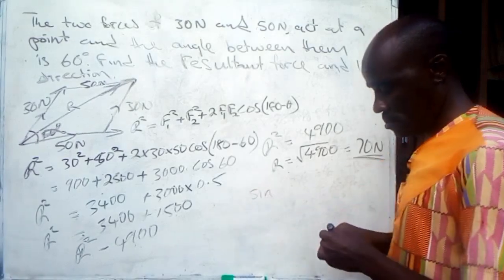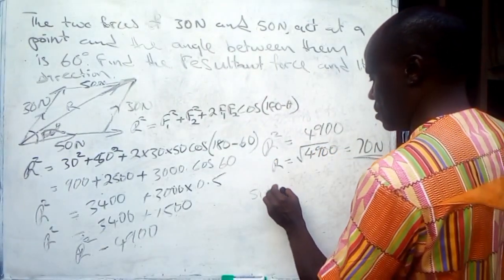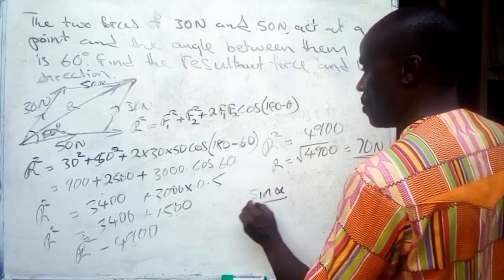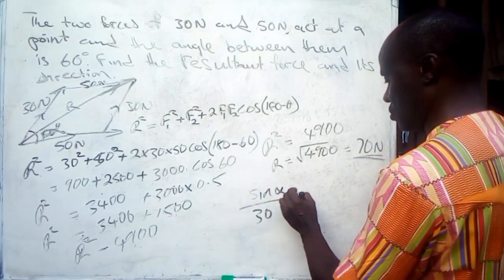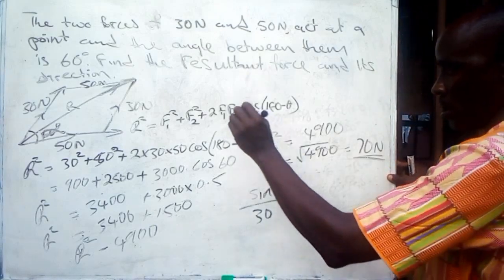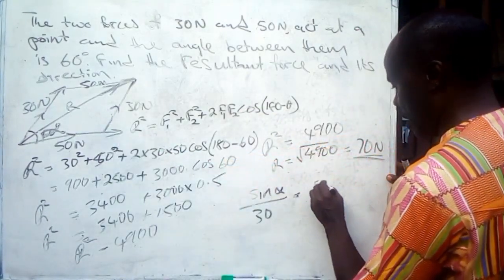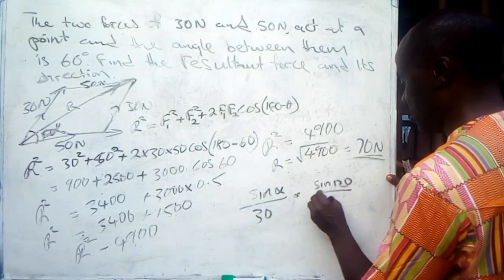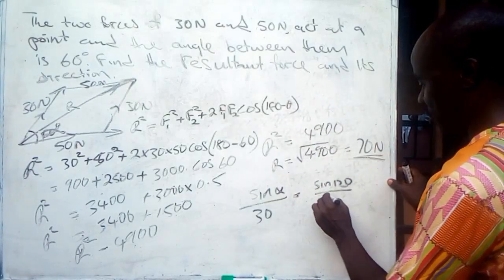sine alpha over 30 Newton equal to this other place which is sine 120 all over R, which is 70.